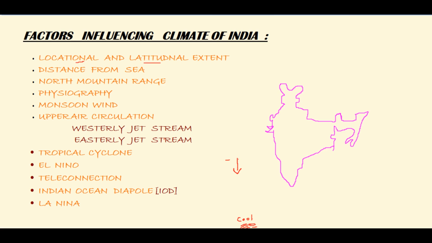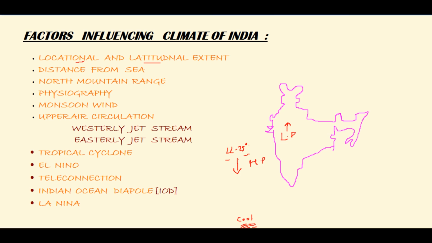The maximum temperature goes to 22 to 25 degrees Celsius at most, but the land surface becomes warm when I'm talking about the summer season. So the land surface becomes warm and this becomes low pressure, because the warm air starts rising, and here is the high pressure.